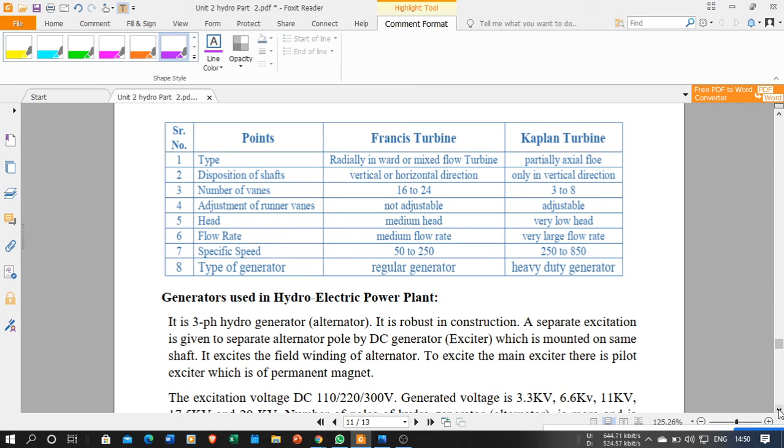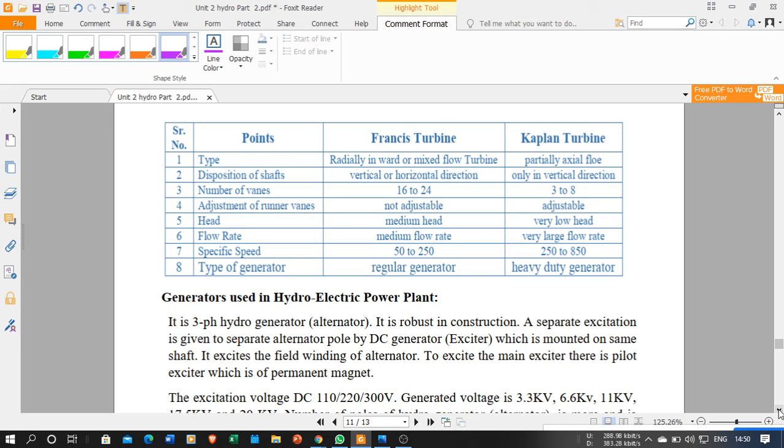The Kaplan turbine requires very high flow rate. Specific speed: 52 to 50 rpm for Francis, and in case of the Kaplan turbine, it is 250 to 800 rpm. Type of generator: the Francis turbine uses a regular generator, and the Kaplan turbine uses a heavy duty generator.